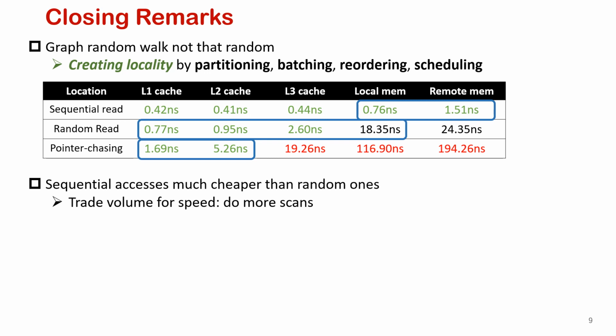Secondly, the table reminds us again that with today's CPU architecture, sequential accesses are much cheaper. This is reflected in FlashMob's design, where we trade volume for speed, and find that doing more scans often saves both time and actual memory traffic.